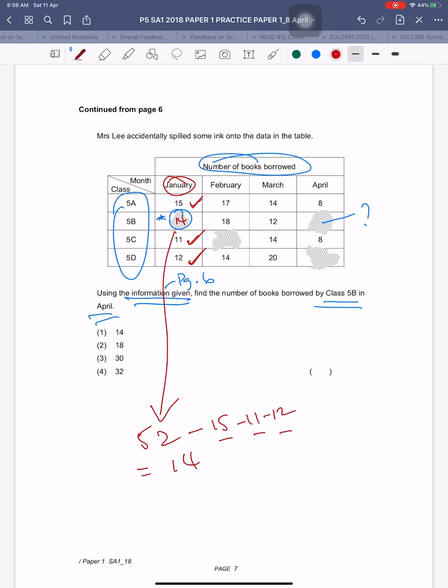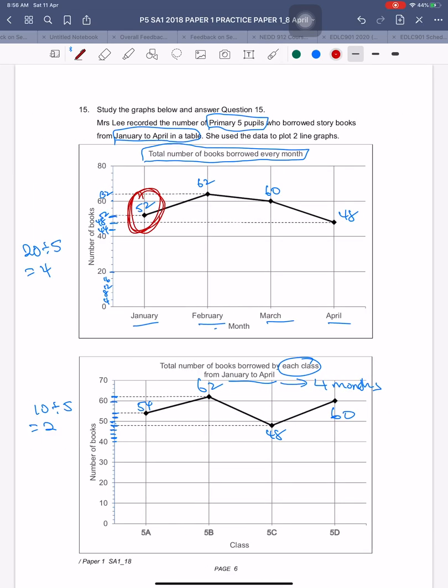So next, what do I need to do now? I need to actually look at April. Okay, April.